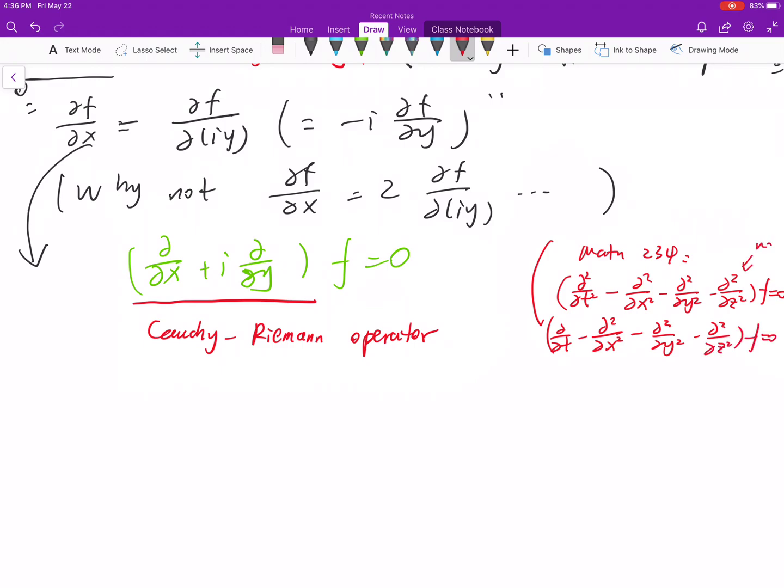So this is wave, this is heat, and also Laplacian.